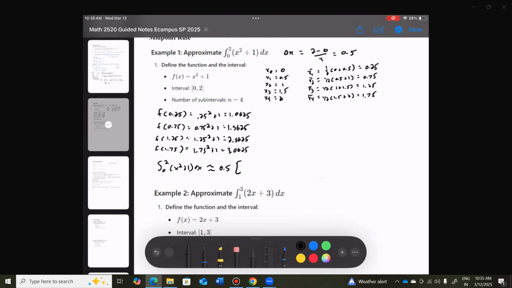So 1.0625 plus 1.5625 plus 2.5625 plus 3.0625. And this comes out to be about 4.125.